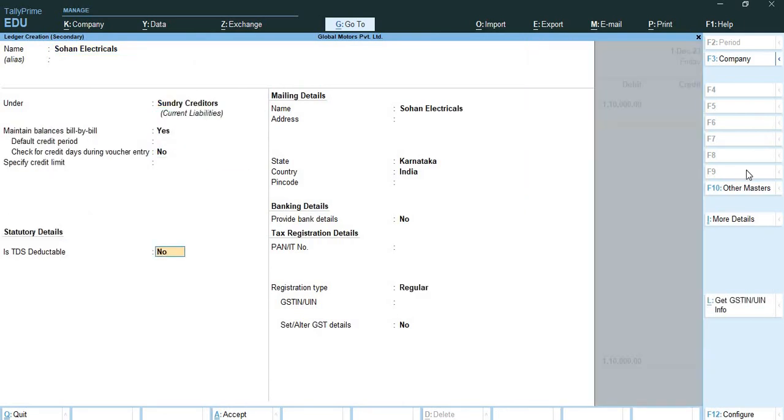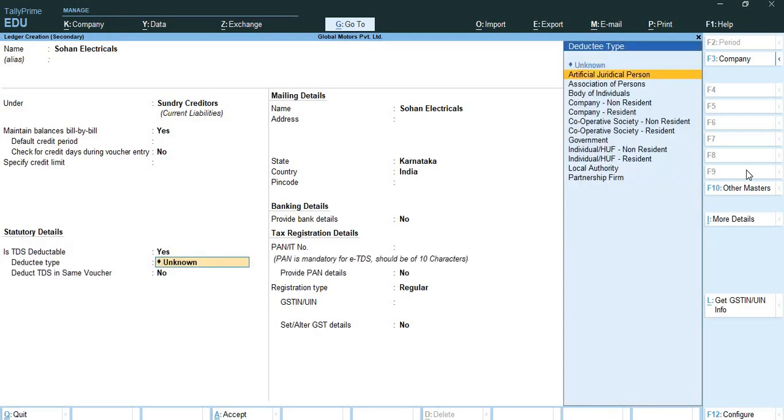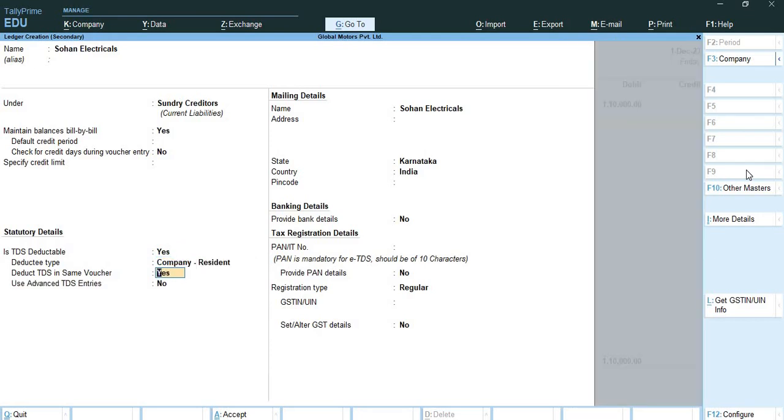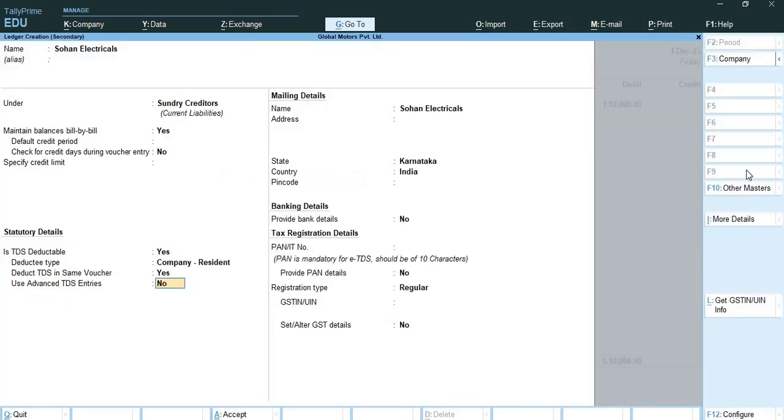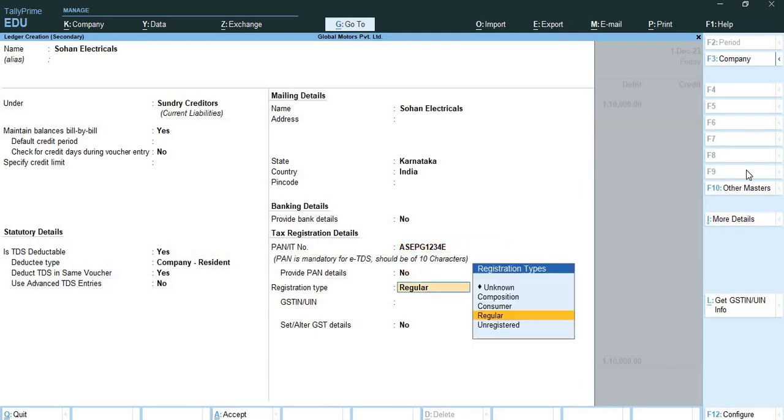Here I'll add, is TDS deductible? Yes. Deductee type will be company resident. Deduct TDS in same voucher? Yes. Payment to contractor. And here the PAN details will be ASEPG1234E.